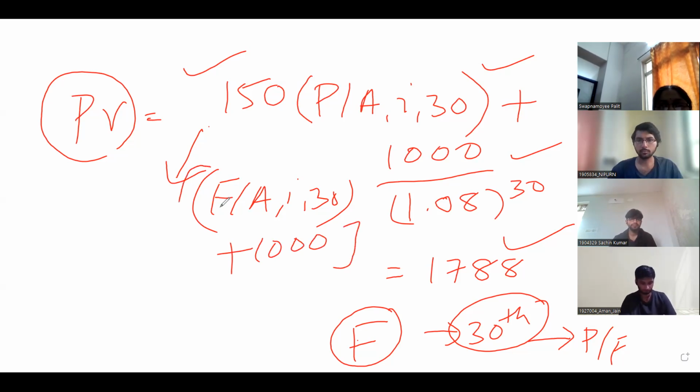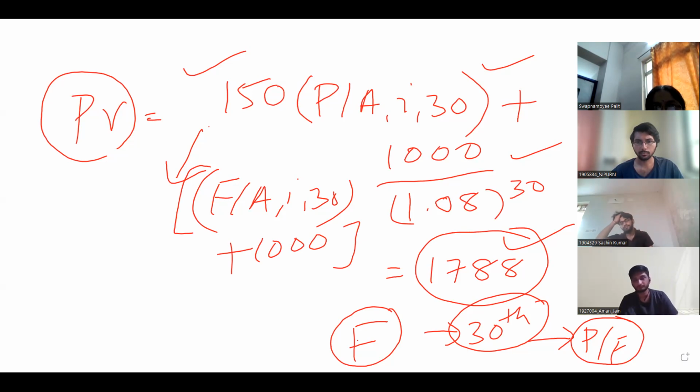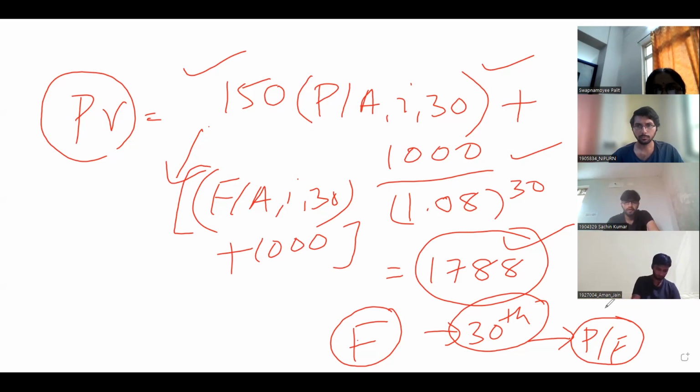You'll just add up. This is your F value. If you have done that, then you are in the 30th year. Simply use your second formula, convert and come back. You will get the same answer as this. If you have calculated F in a proper way, then you just come back by the second formula, calculate P, and you see that you get the same answer.